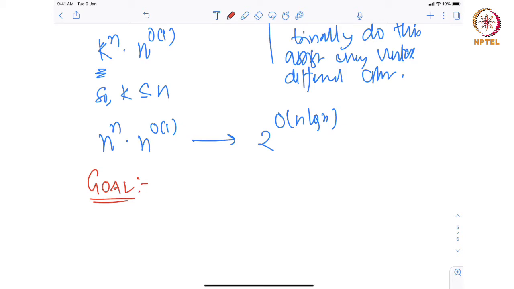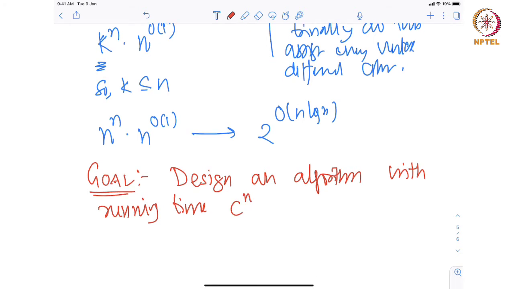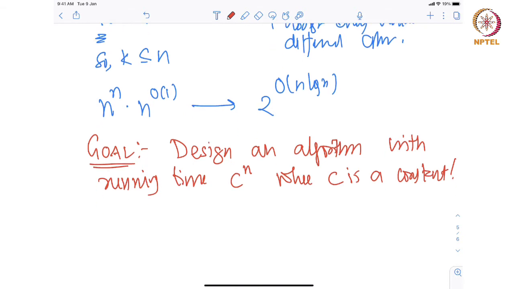The goal is to design an algorithm with running time c to the power n, where c is a constant, and of course c as small as possible.